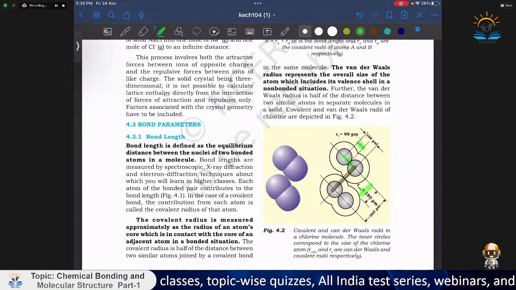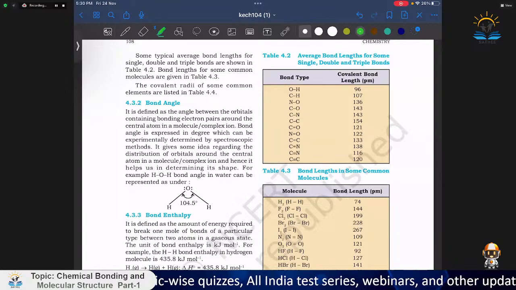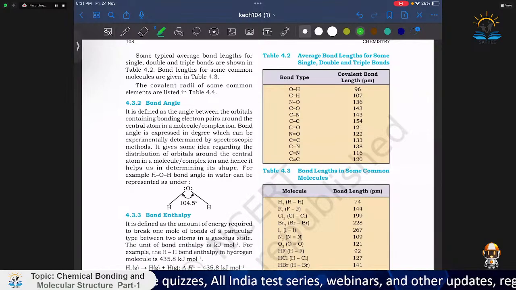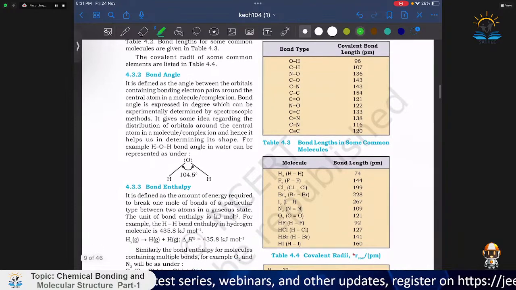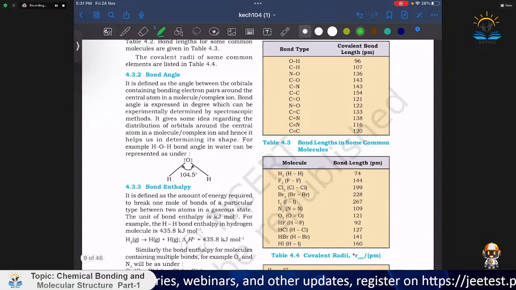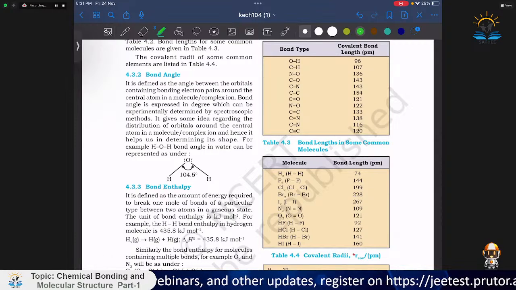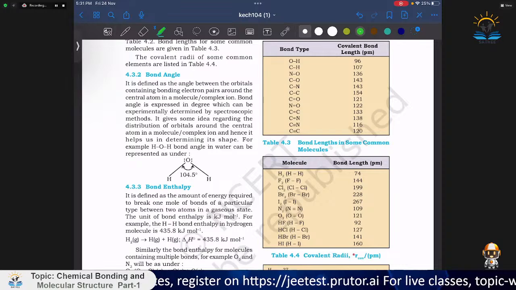Bond angle is the angle between the orbitals of different bonding electron pairs around the central atom in a molecule or complex ion. It is expressed in degrees, which can be experimentally determined by spectroscopic methods. So, for example, in H2O, the bond angle between the H-O-H bond is 104.5, and there are various parameters that determine your bond angle.